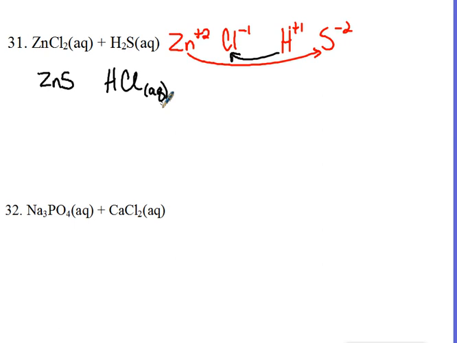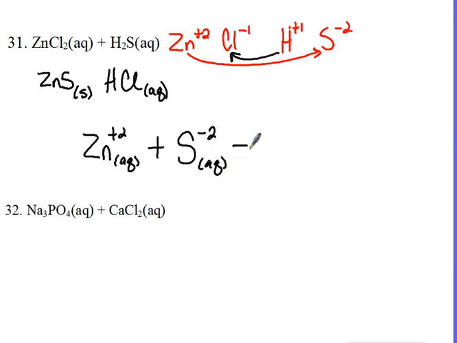So hydrogen's not one of them. Sulfides are always insoluble unless they're with an alkali metal, calcium, strontium, barium, or ammonium. Zinc is none of those, so this is my solid. So I have Zn +2 plus sulfur -2 ion, and they combine to make ZnS solid.